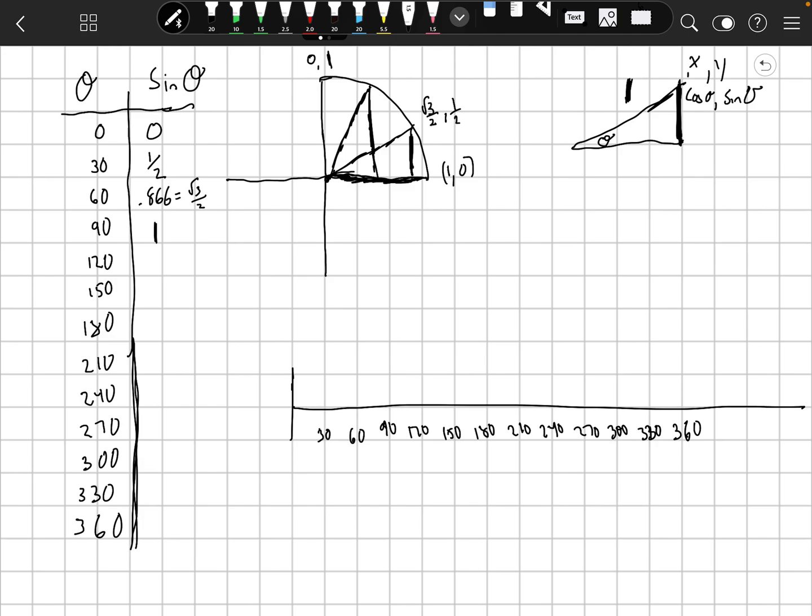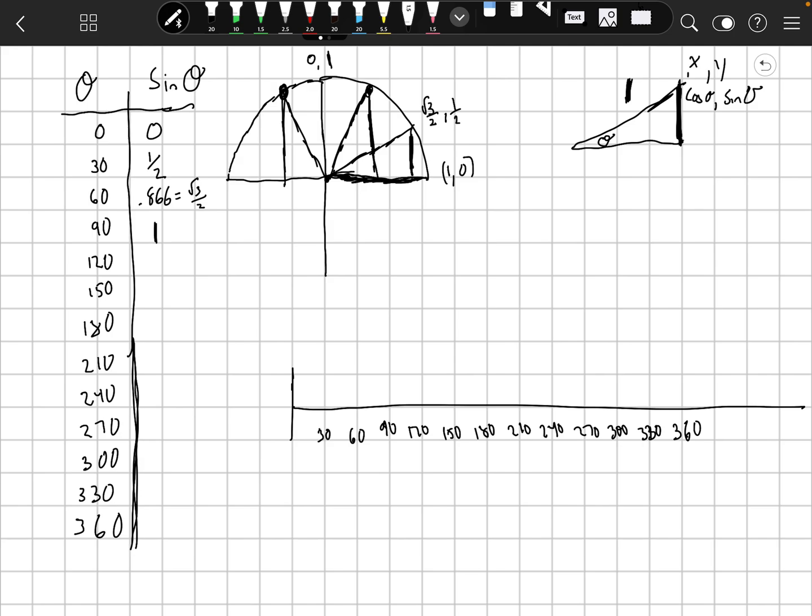Okay, so up to this point, we are increasing. What's going to happen next? Well, you should probably realize that as we keep going in a counterclockwise direction, we're going to decrease. So let's go to 120 degrees right here. And you might notice the height for 120 is the same as the height for 60 degrees. And this is kind of the reference angle connection we were making the other day.